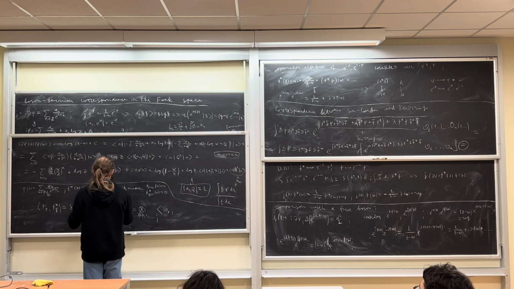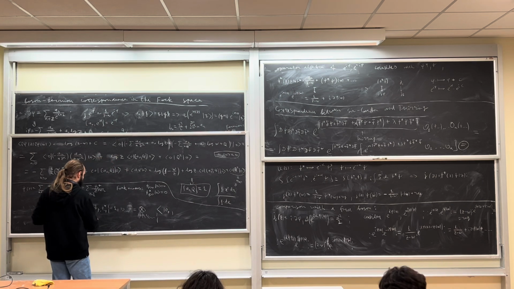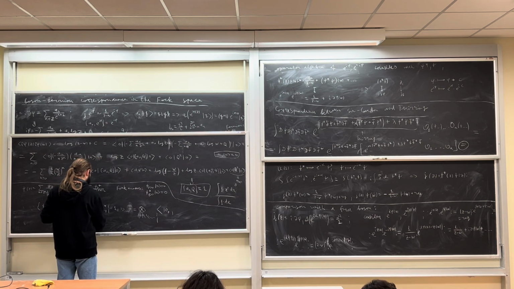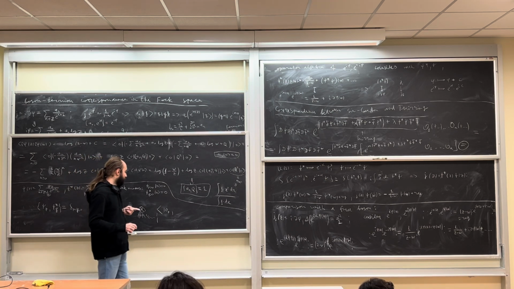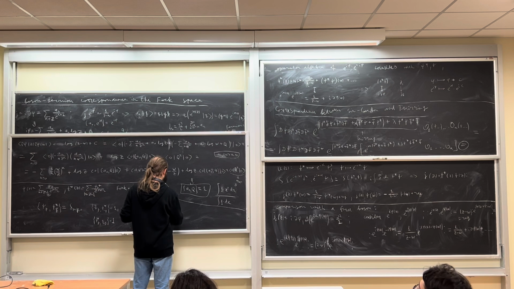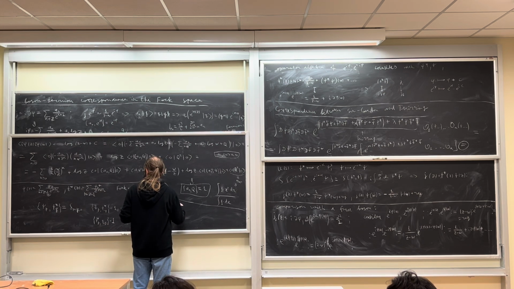So it's one fermionic algebra, and another fermionic algebra is psi star p, psi minus p. So here we have psi star minus p acting on vacuum.